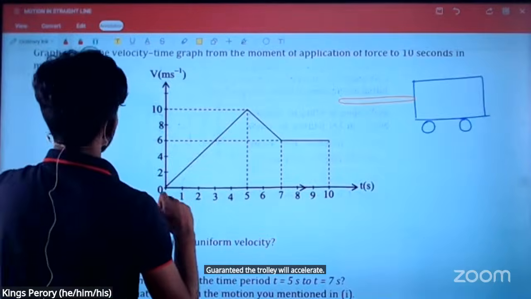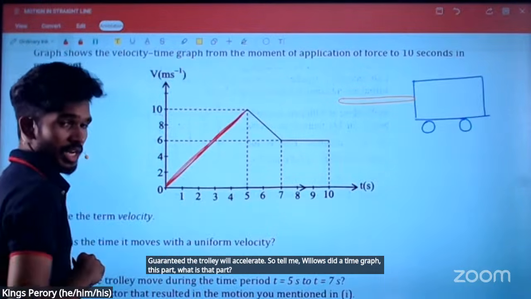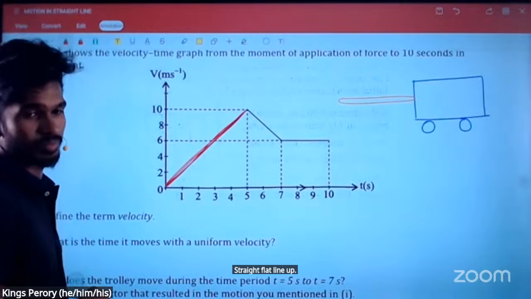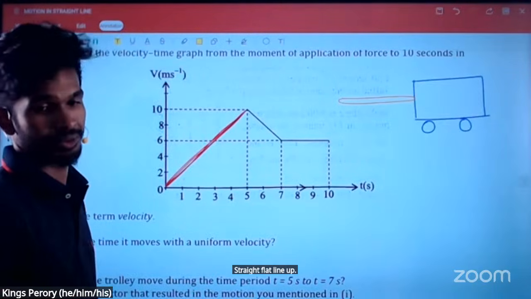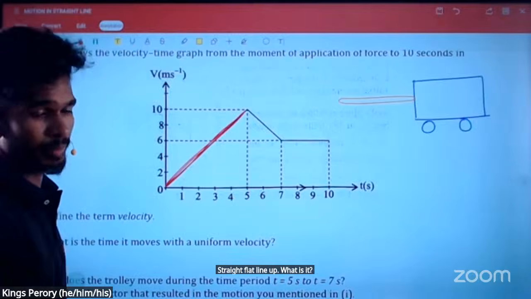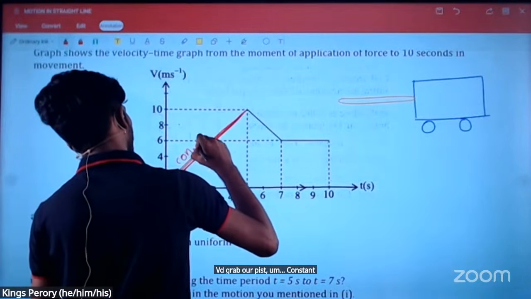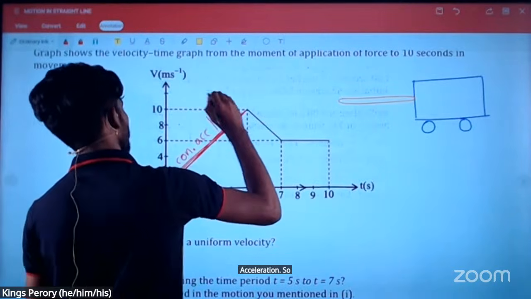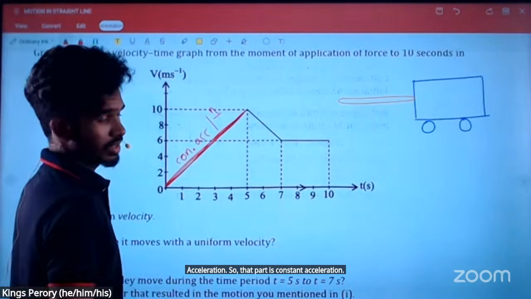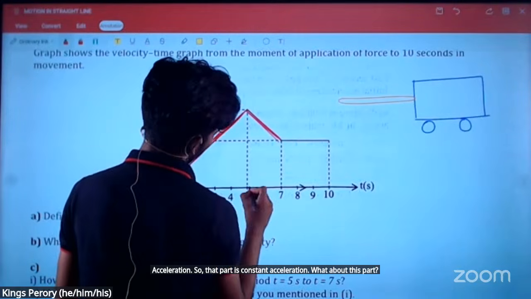So tell me, on the velocity time graph, what is this part? A straight line going up. A VT graph going up is constant acceleration. What about this part, 5 seconds to 7 seconds?